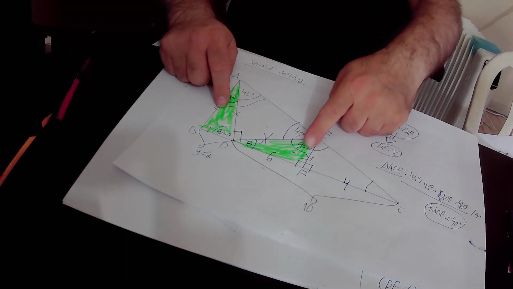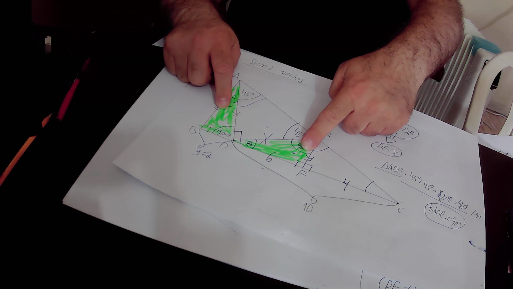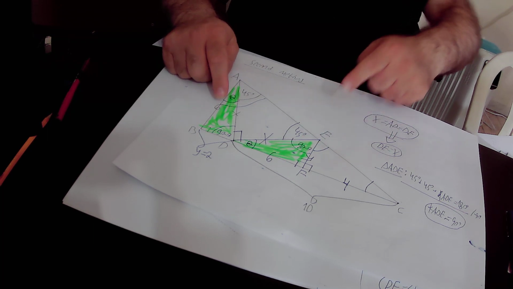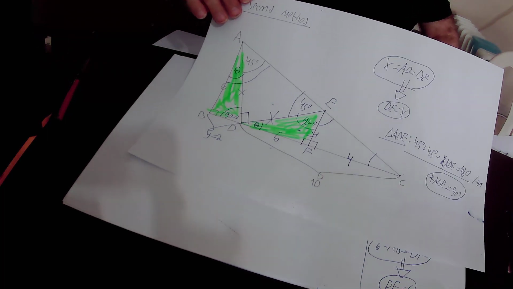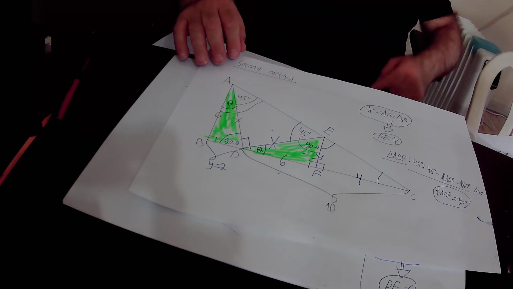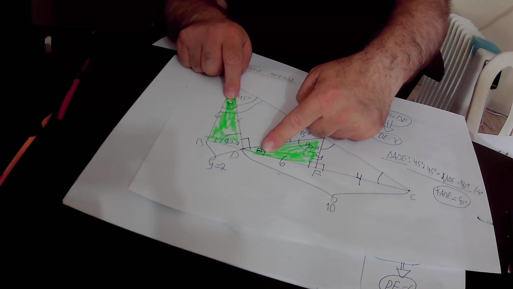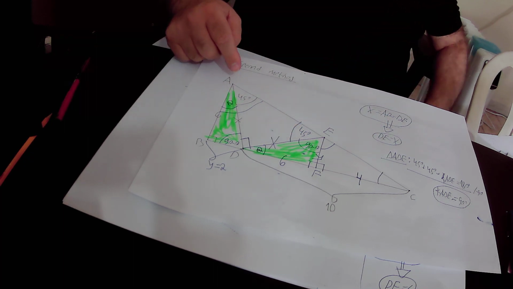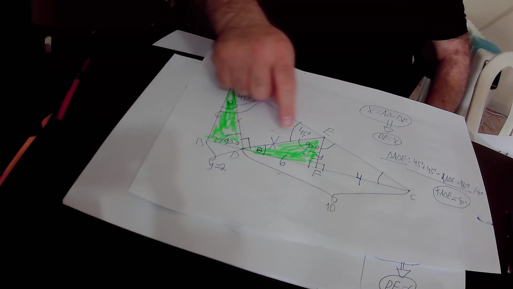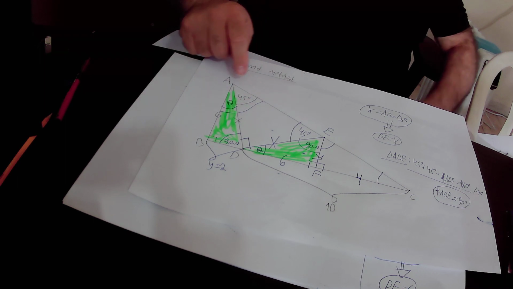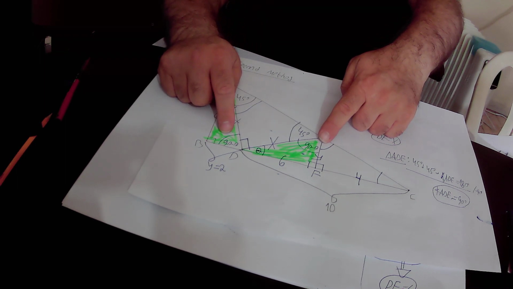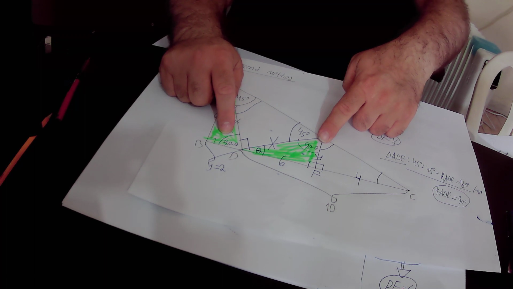Then we proved that those two right triangles can go into each other according to the angle side angle rule. Why can those two triangles go into each other? Those two angles are both equal to theta, they are equal to each other. Side AD equals side DE, they are both equal to X. And those two angles are also equal to each other, they are equal to 90 degrees minus theta.